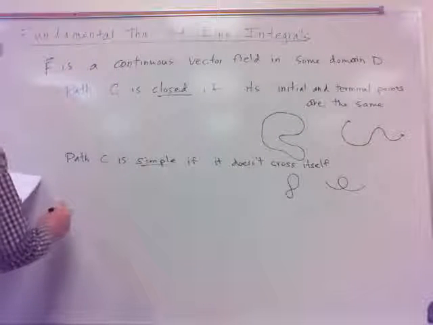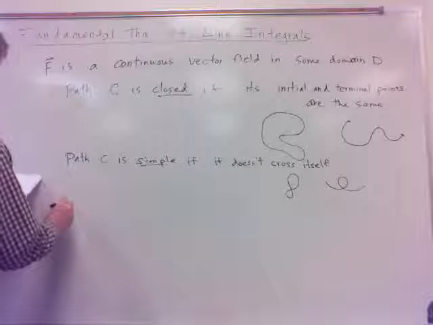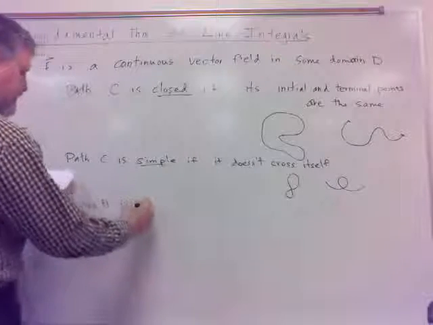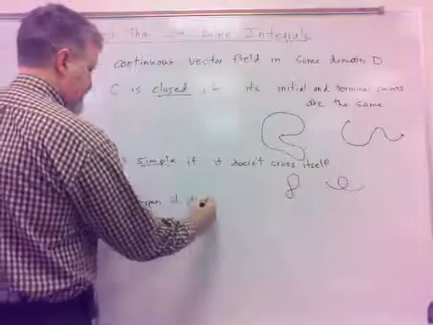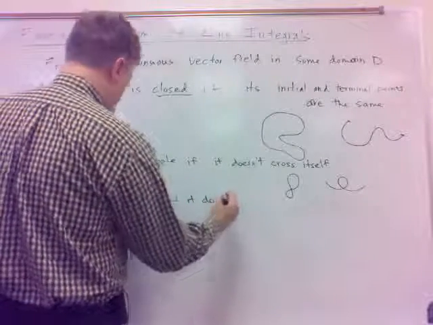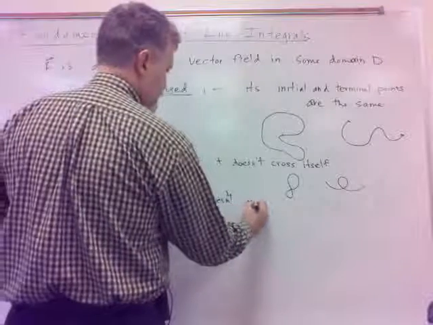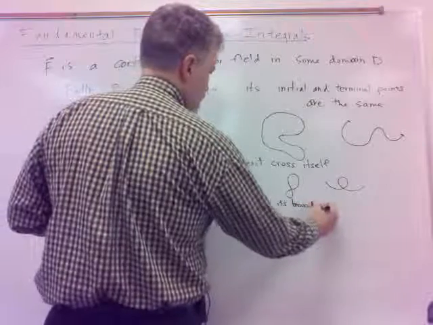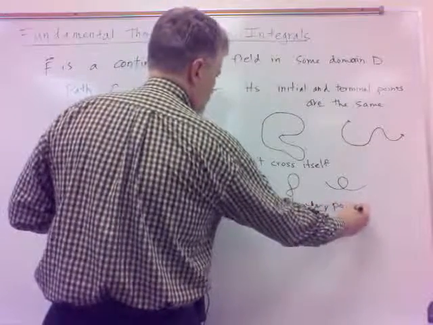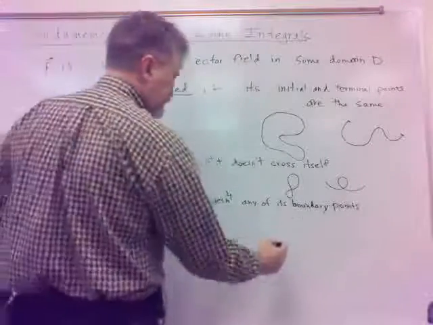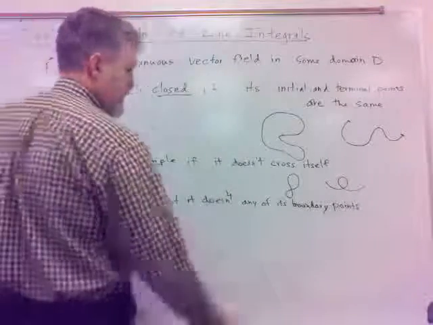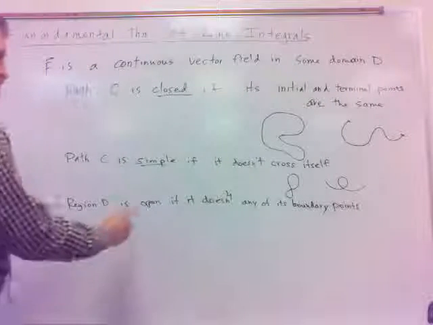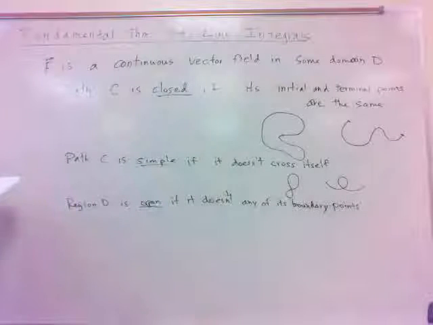And then as far as region D here, region D is open if it doesn't contain any of its boundaries. Leave out the boundary points, it's called open for a region.